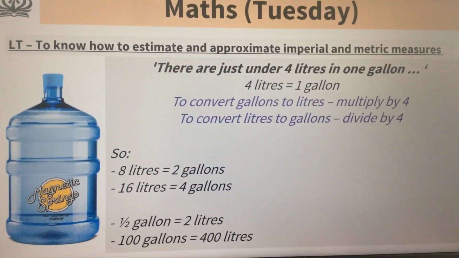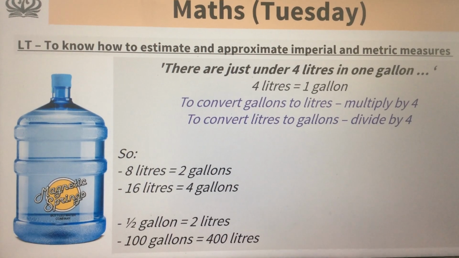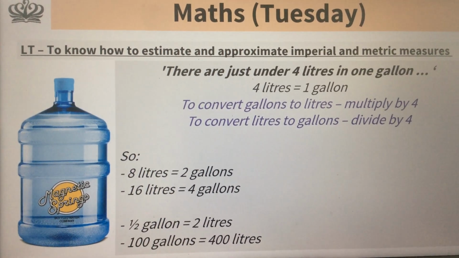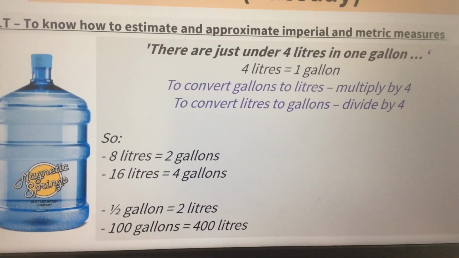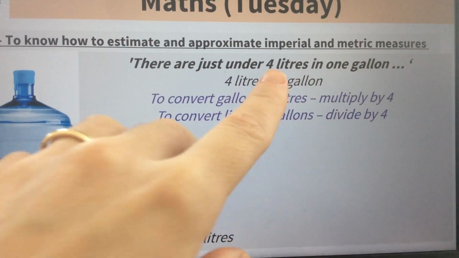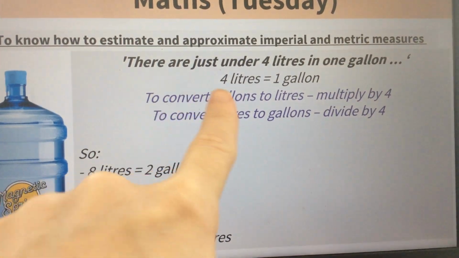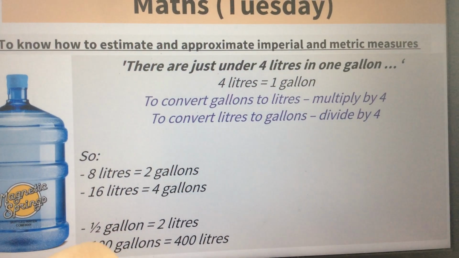Okay, so let's have a little look here, and these pages in your activity booklet will be really useful today when you are converting. So if we're converting capacity, there are just under 4 litres in 1 gallon. So for today we're going to say 4 litres is the same as 1 gallon. We don't have to be too accurate today.